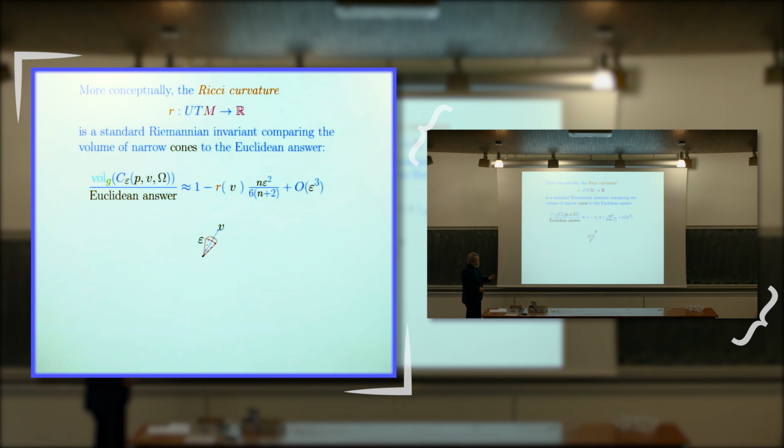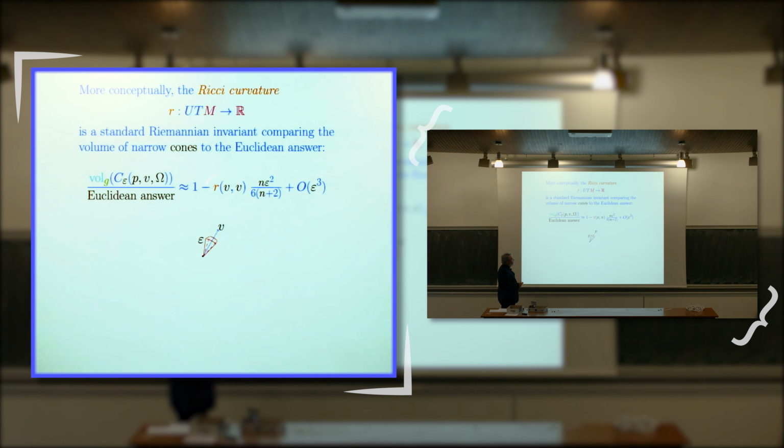Assume it's a very narrow cone that nearly points in the direction of a given vector. Provided this is a very tight cone, if you were to ask what would be the volume in Euclidean space versus what you actually see in the manifold, you get a quadratic deviation that depends on the direction of the vector.